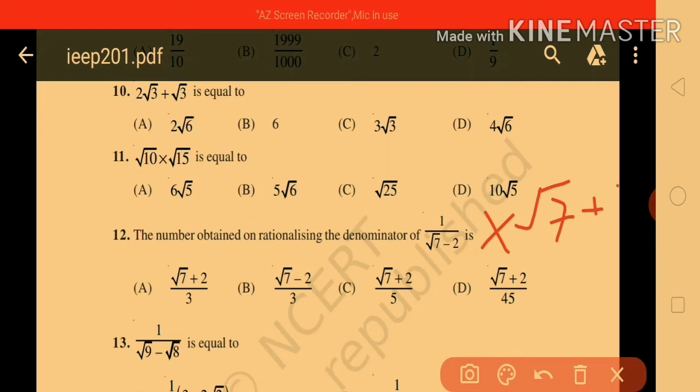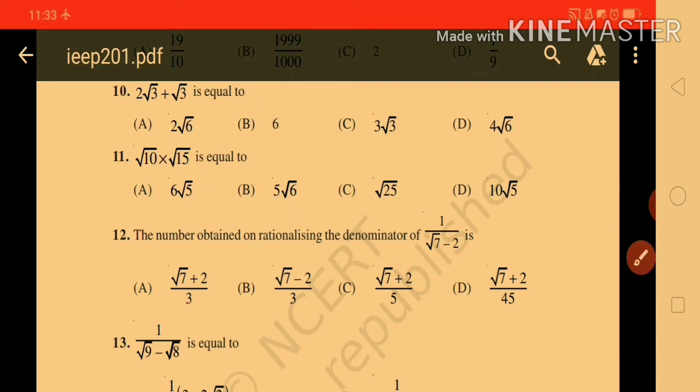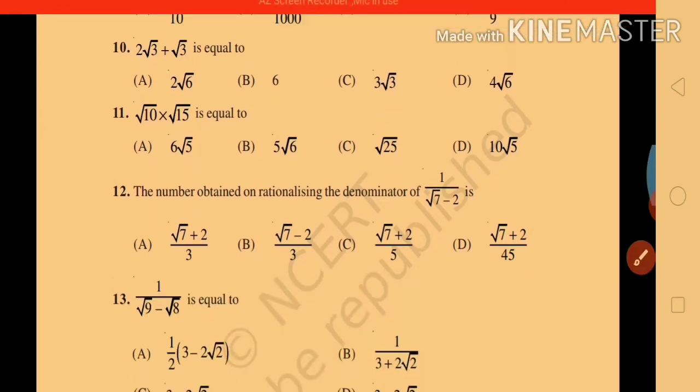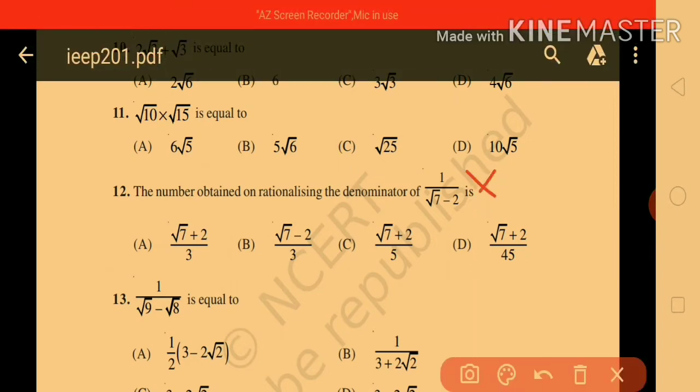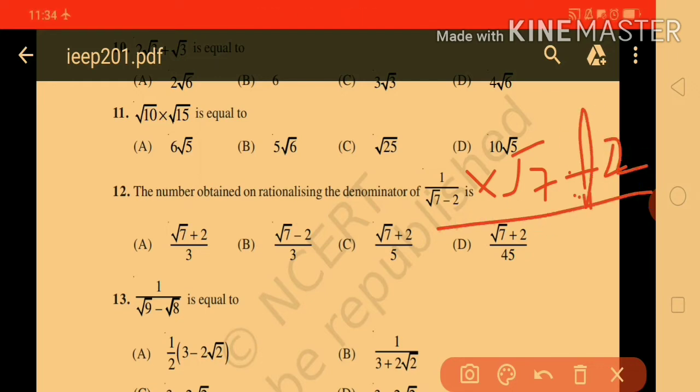So here root 7 plus 2, right, root 7 square, that is 7, minus 2 square is 4. So you will get root 7 plus 2 by 7 minus 4, that is 3. So A is the right answer.